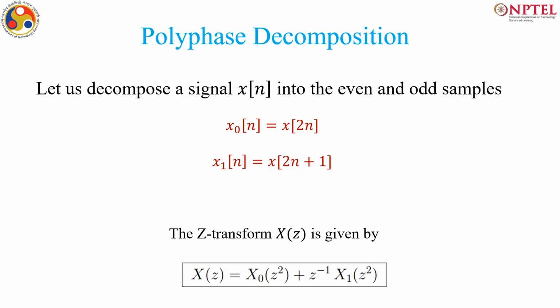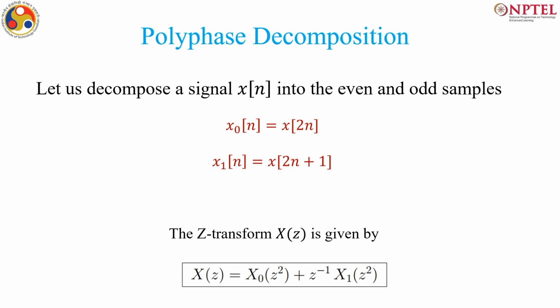Polyphase decomposition is an interesting concept, and we will use polyphase decomposition and the noble identities to create a very new and efficient way of implementing a filter. So, the first step is I will decompose this x of n into two sets, even and odd samples.